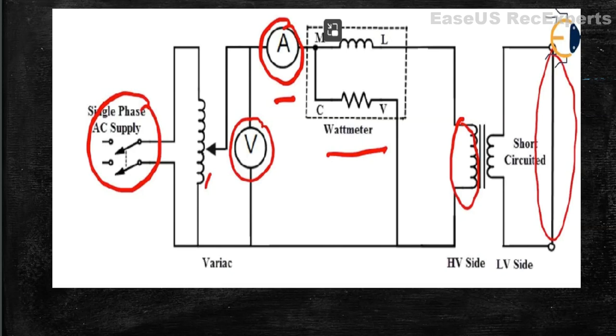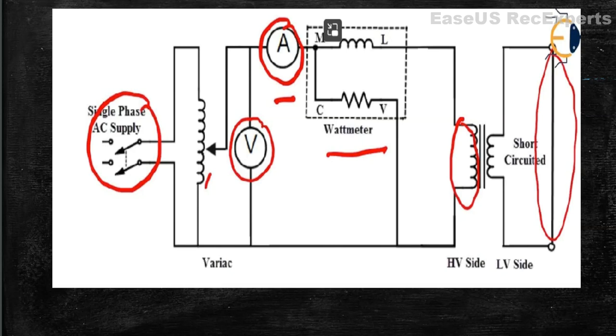Now the procedure to follow for the short circuit test is like this. First of all, we vary the voltage until the primary carries the rated current. The value of voltage required is very low in comparison to the primary rated voltage. Once the ammeter shows the rated current, we note the short circuit voltage.